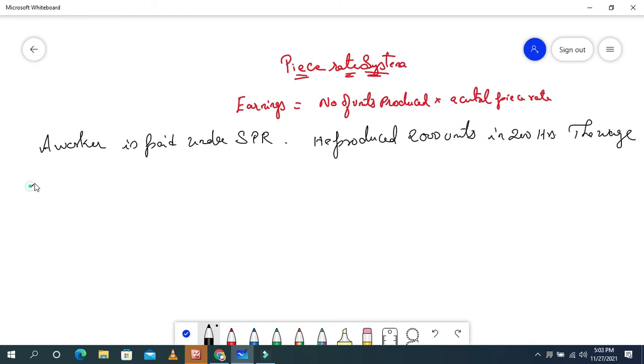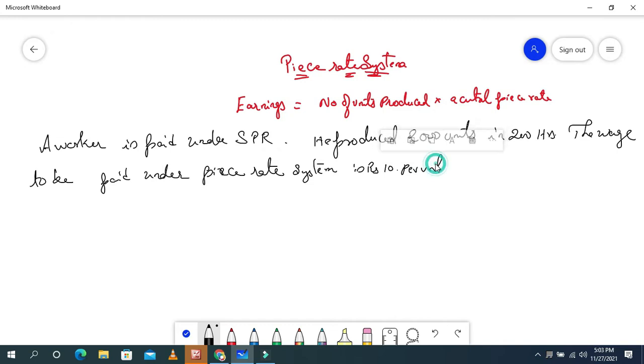The wage to be paid under the piece rate system is rupees 10 per unit. So we are going to calculate the wages.